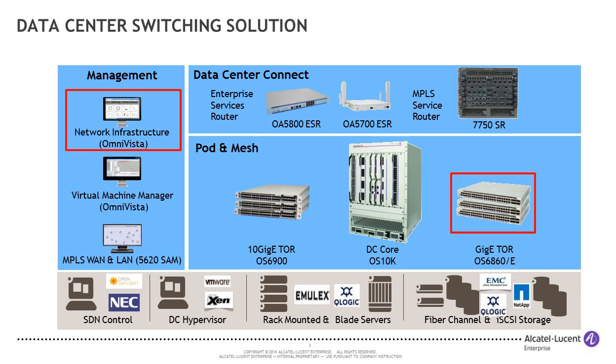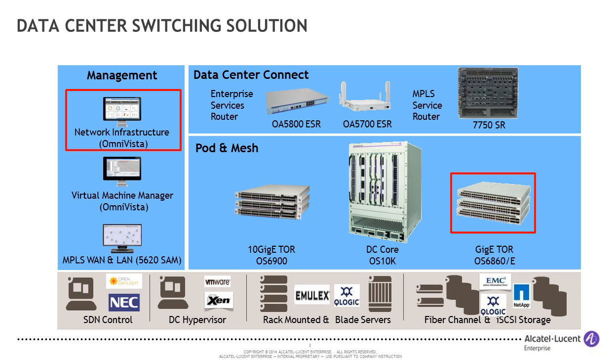So the data center switching solution is a solution we brought to the market in 2012, and it won Best of Show at Interop in that year. It's a very highly scalable, low latency, low power architecture, with a pod mesh design.